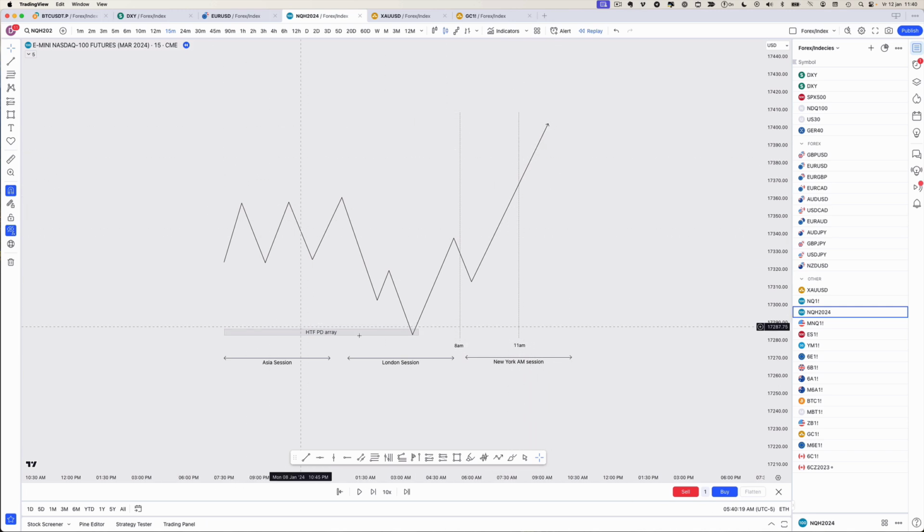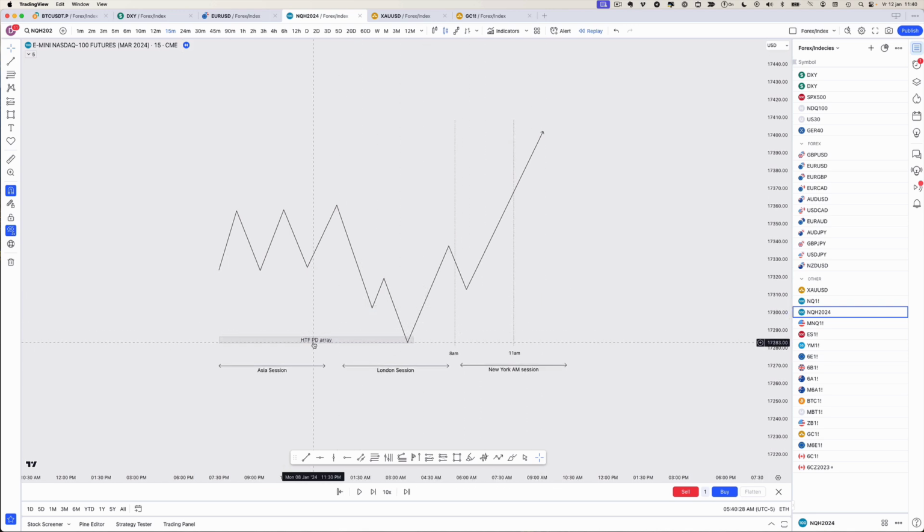And around this, we can frame a really easy, simple strategy. What you need to look for is, first of all, if you have a bullish bias, you want to look for this pattern. Of course, the other way around if you're bearish. You want to look for a high time frame PD array in the form of maybe lows liquidity or internal liquidity in the form of an imbalance.